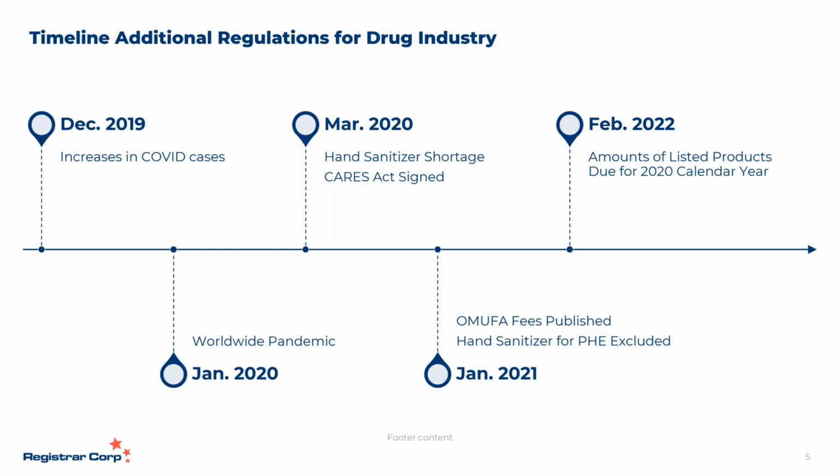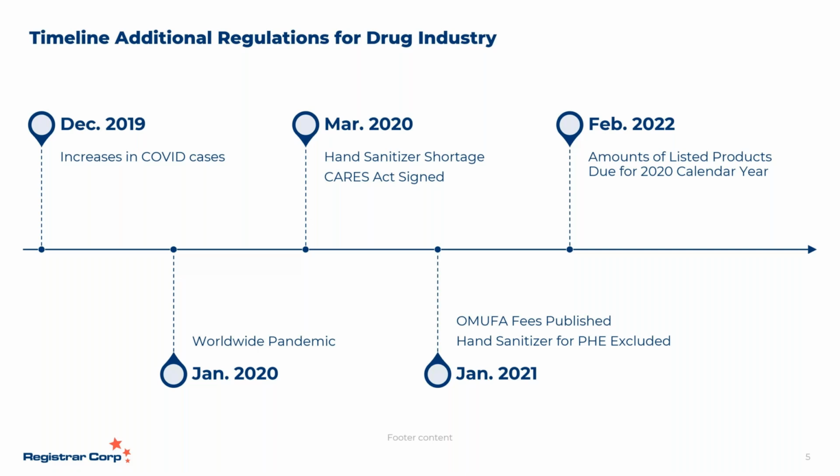FDA reissued the fees with the exemption for those who were manufacturing hand sanitizers as part of the public health emergency. FDA started to collect amounts of listed drug products in 2022, starting with amounts that were produced in 2020 and then 2021. Let's review some of the shortage highlights.